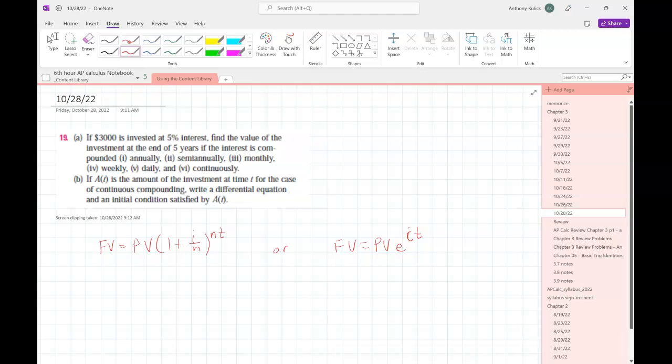So all of them I'd use that first formula except for the last one where it's continuous. I'm going to use that special formula. Note that this is the same form as our derivative or solution to our differential equation that we've been seeing throughout, right?